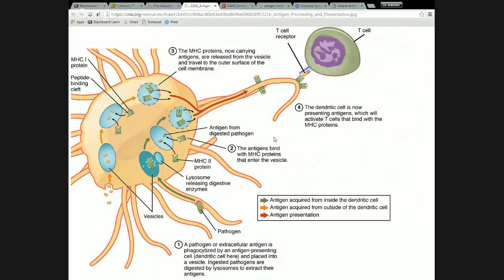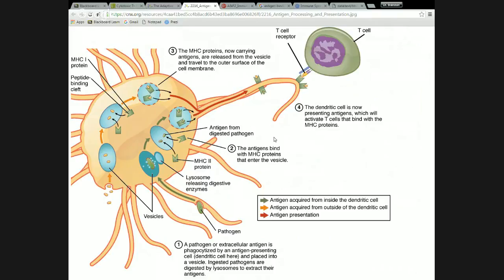But they're also phagocytic. The interesting thing about dendritic cells, which are actually fairly rare compared to some of the other cells we're talking about, but it's the one that this book shows, is that they're able to present antigens on their surface from either endogenous or exogenous sources. And so in this picture, this is how our book describes those two things.